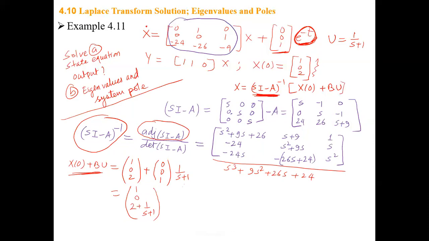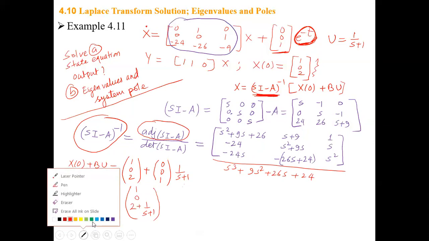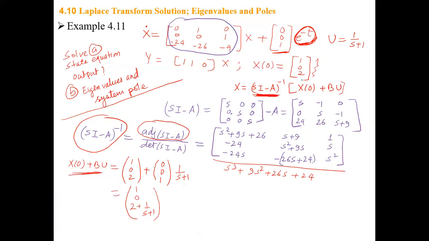So this guy here is this guy. You have to multiply that with this, right? This is this.